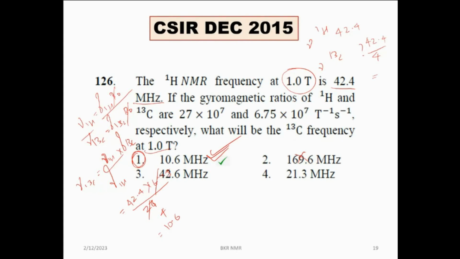If I ask the frequency of fluorine 19, what will you say? If they give hydrogen and ask fluorine, what is the answer? If it came in CSIR, what answer would you give?